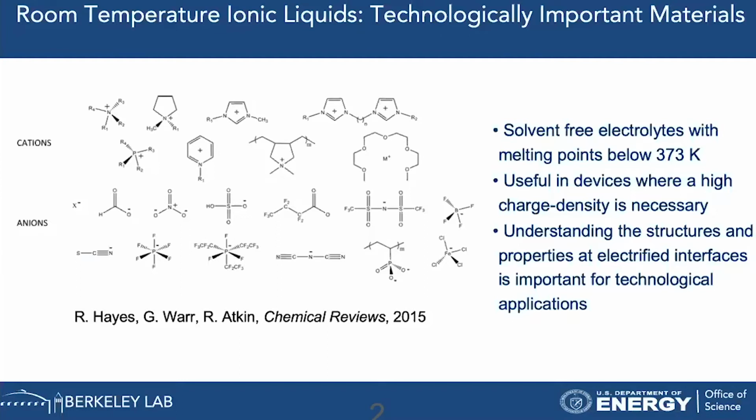And you see these are somewhat bulky electrolytes. And again, there's no solvent in these mixtures, so they can have maximal charge density. And in particular, for these types of devices, like batteries and solar cells, understanding the structures and properties of these materials at electrified interfaces is a challenging and important task that is useful for designing these types of applications.